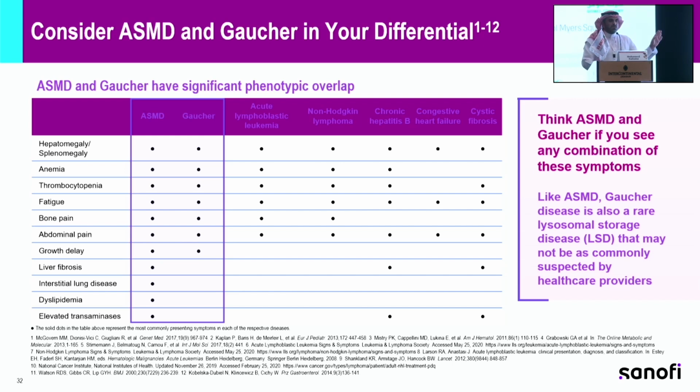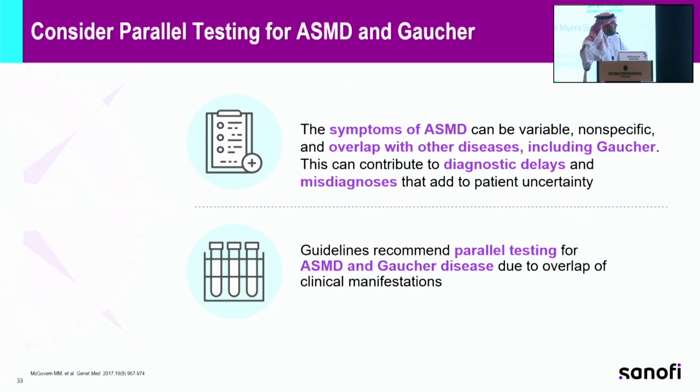That's why we have to consider lysosomal storage disease in the differential: ASMD and Gaucher disease. ASMD can sometimes overlap with Gaucher disease, so we do a parallel test detecting the enzymes in all patients suspected of ASMD and Gaucher disease. The guideline recommends the parallel test.